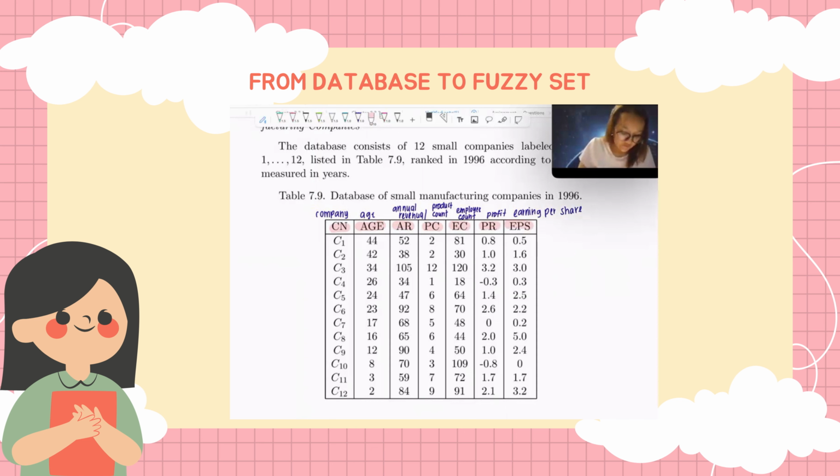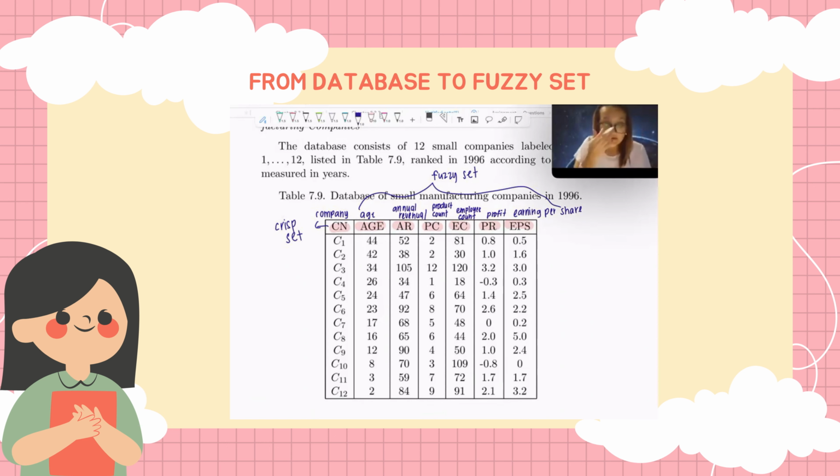For this data, there is one that is a crisp set, that is company, and the other 6 are fuzzy sets. So let us know what is a crisp set and a fuzzy set.